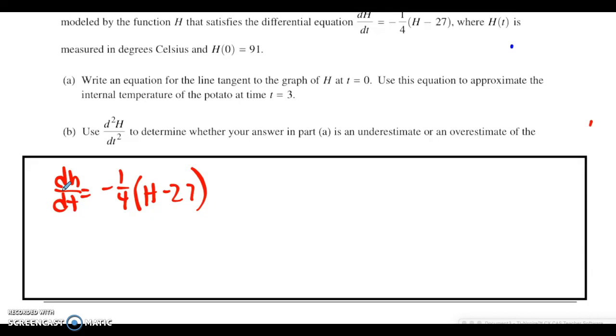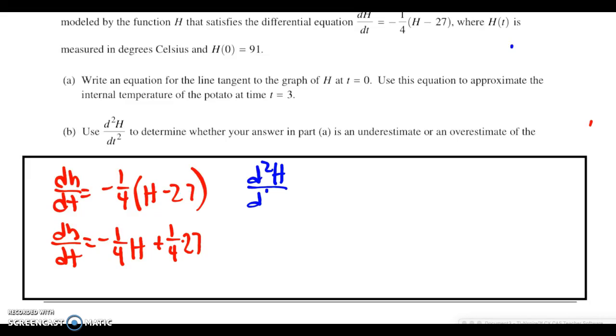Now, if you don't like it in this format and you want to distribute to begin with, negative 1/4 h plus 1/4 times 27. So that means that the second derivative, d squared h over dt squared, you don't have to do this both ways, you could have done it either way. I'm going to show both though.